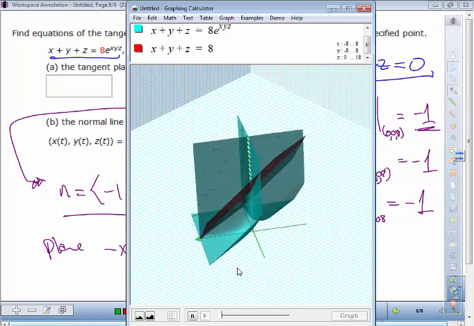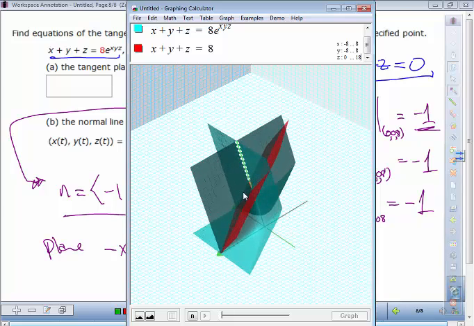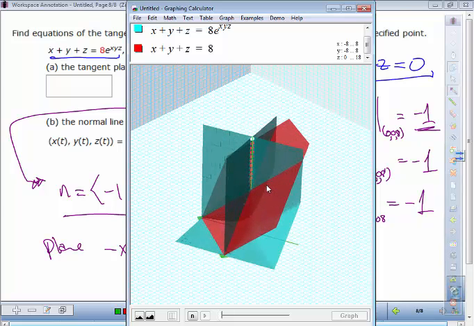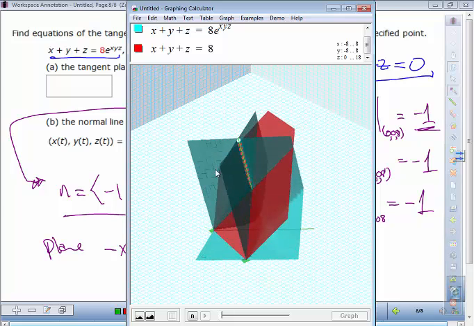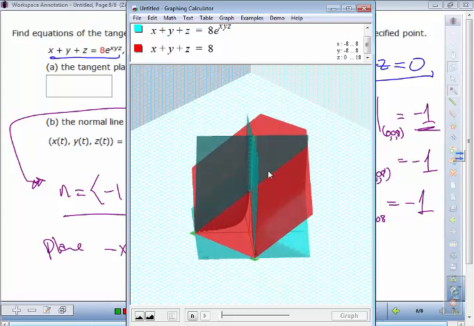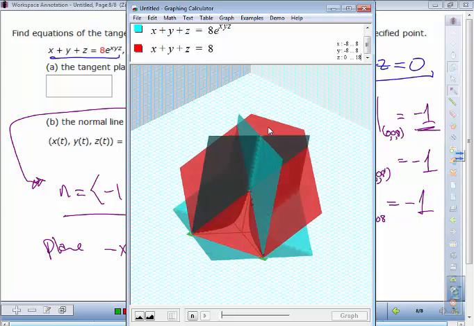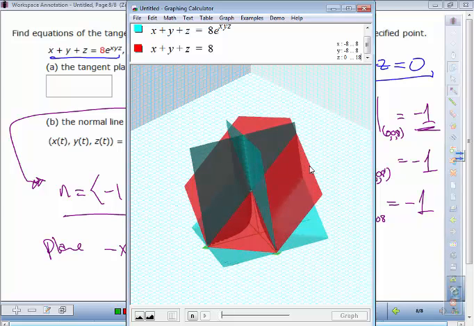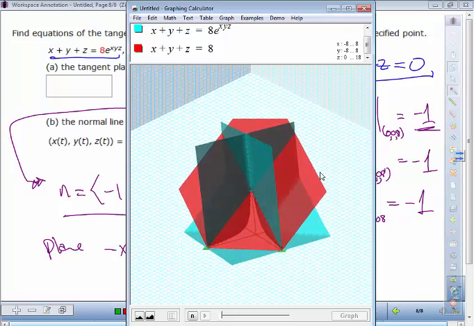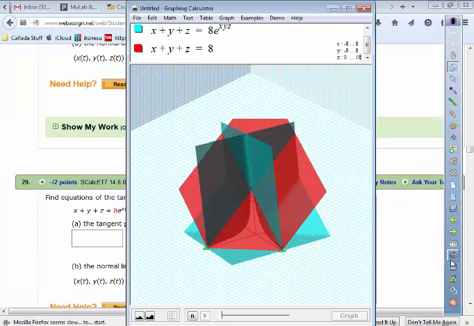Oh well. I can't get a nice view of this. Usually if you have these exponential functions, the things get exaggerated really quickly. Oh well. Put it in our notes anyways.